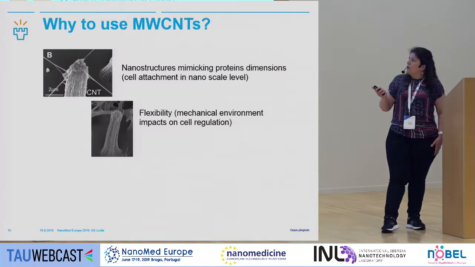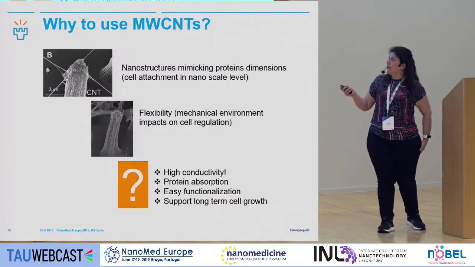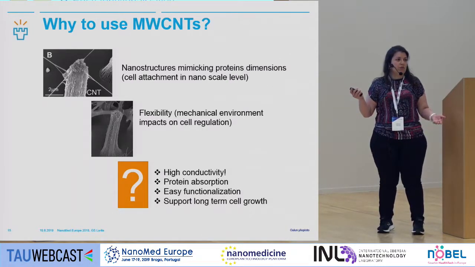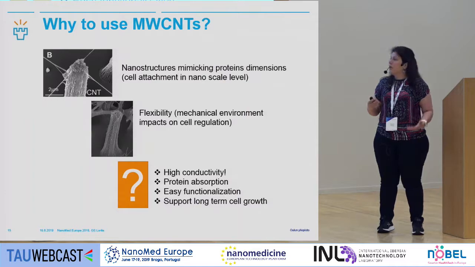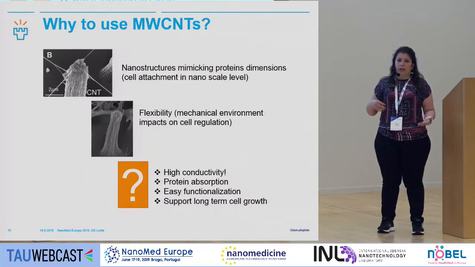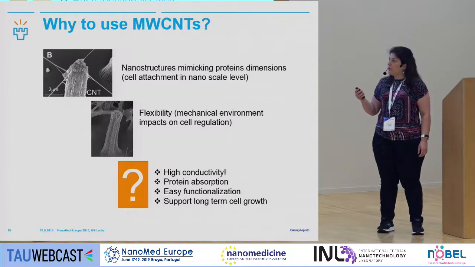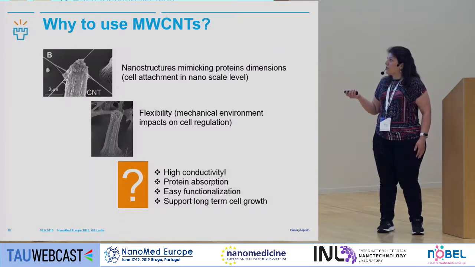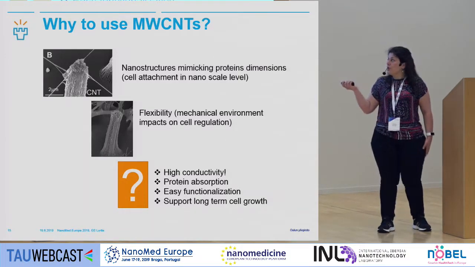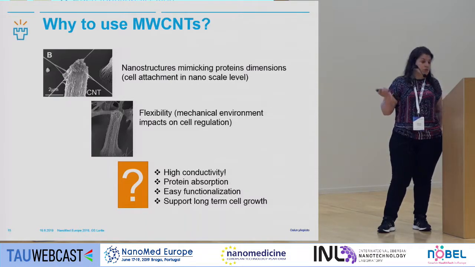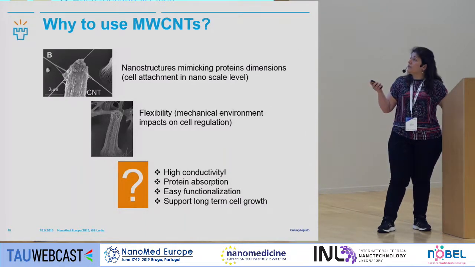And what else? They are very conductive, so for neural cells, where the signal is based on electrical signals, that might be a very good advantage. They have the capability of absorbing proteins, are easy to functionalize, and as I showed, there is long-term support for cells.